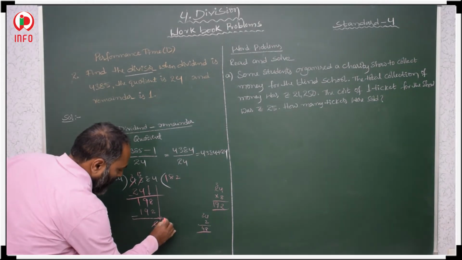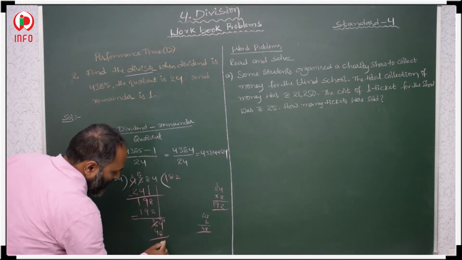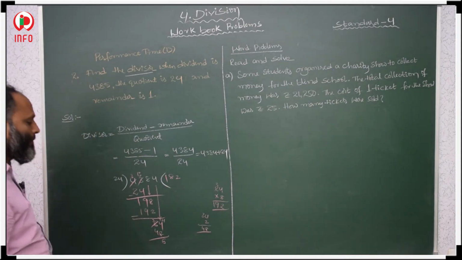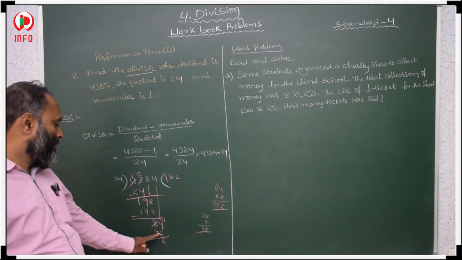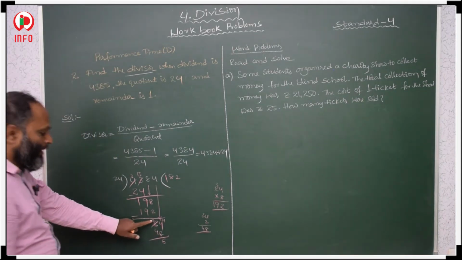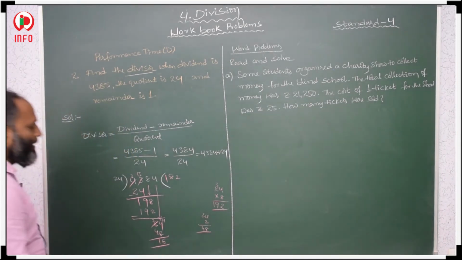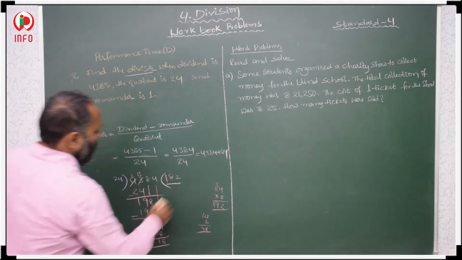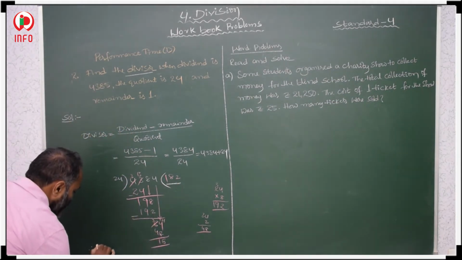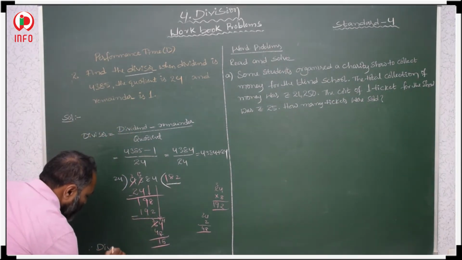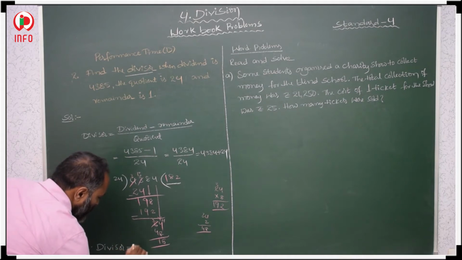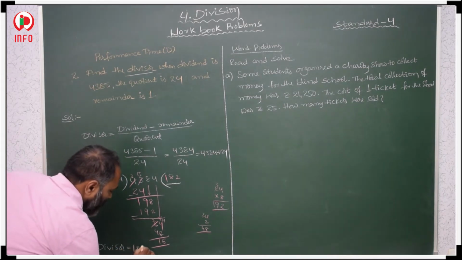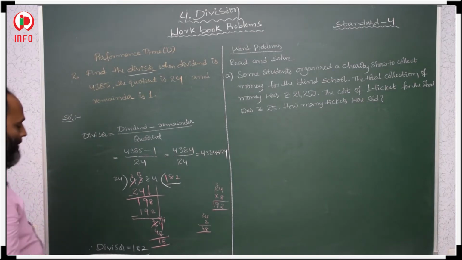It will become 14, and here we will get 5. 14 minus 8 is 6, then 5 minus 4 is 1. Then what is our divisor? Our divisor is 182. Therefore, divisor is equal to 182. This is our divisor.